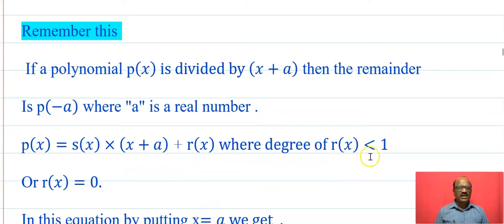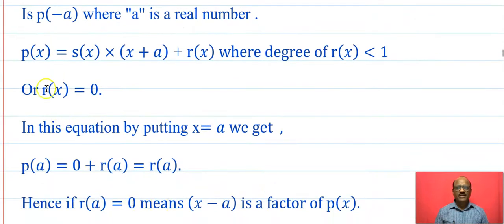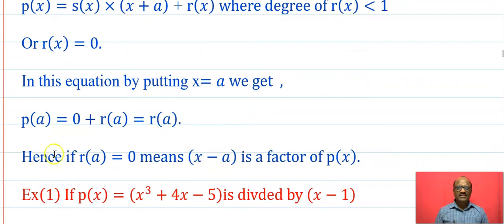The degree of this r(x) is less than 1, or r(x) may be 0, that is, the remainder may be 0. In this equation, by putting x equal to a, you will get p of a is equal to 0 plus r(a), and p of a is equal to r(a), that is the remainder. Hence, if r(a) is 0, it means x minus a is a factor of that polynomial.